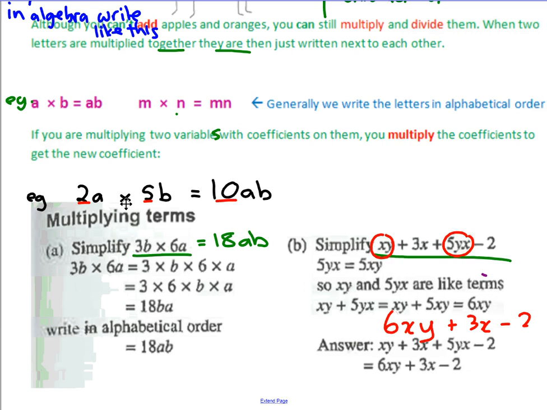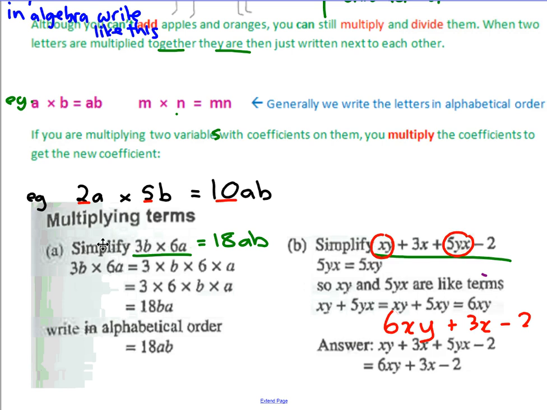Think of the multiply sign as the blades in a blender or food processor. You're mashing together some apples and bananas, and you would get a smoothie of 10ab. Whenever you're multiplying terms together, you should get one big mushy term at the end, with the coefficient at the front and the letters together in alphabetical order.